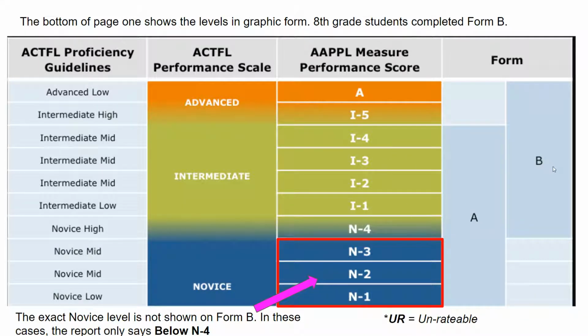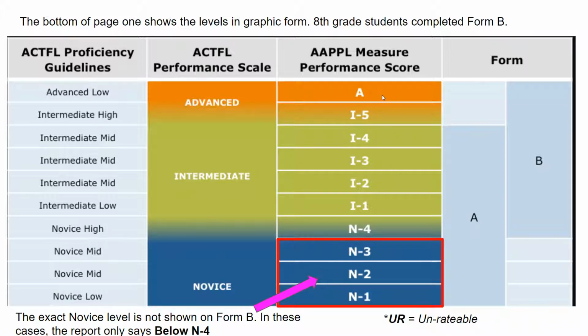Form B is really for older students. So eighth graders and high school students, for example, would take the Form B. Form B starts reviewing levels at the advanced novice range, N4, and goes all the way up to an advanced level.